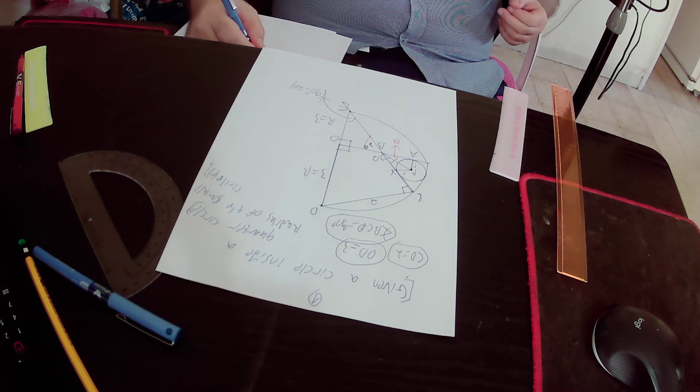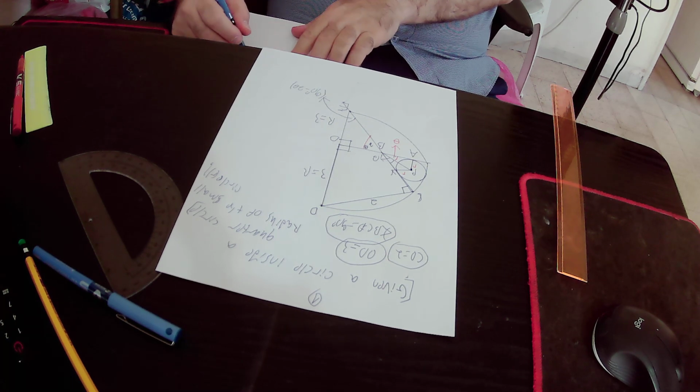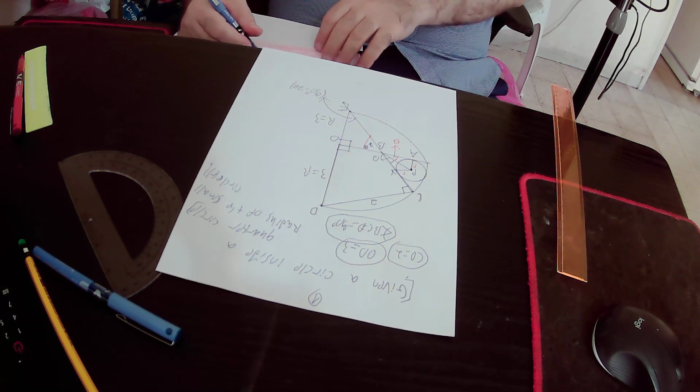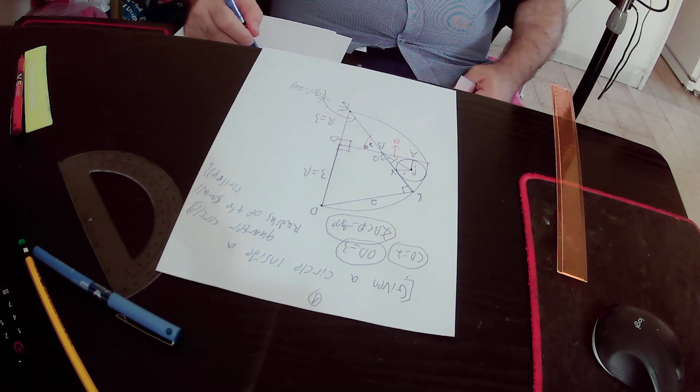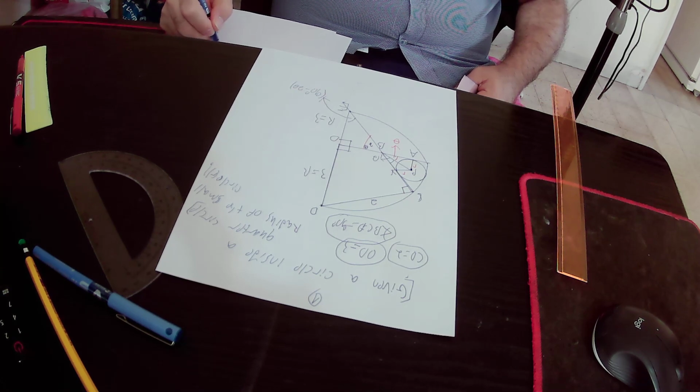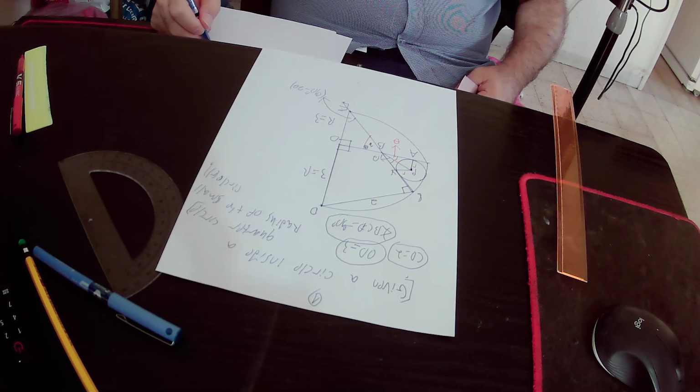On the right triangle DCE, we know that the sum of the angles must be equal to 180 degrees, so actually the size of angle EDC plus 90 degrees plus the size of this angle that is 90 degrees minus 2 theta must be equal to 180 degrees.